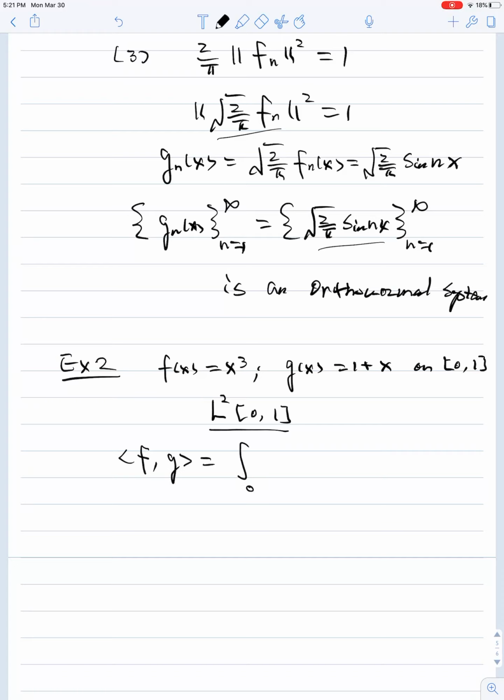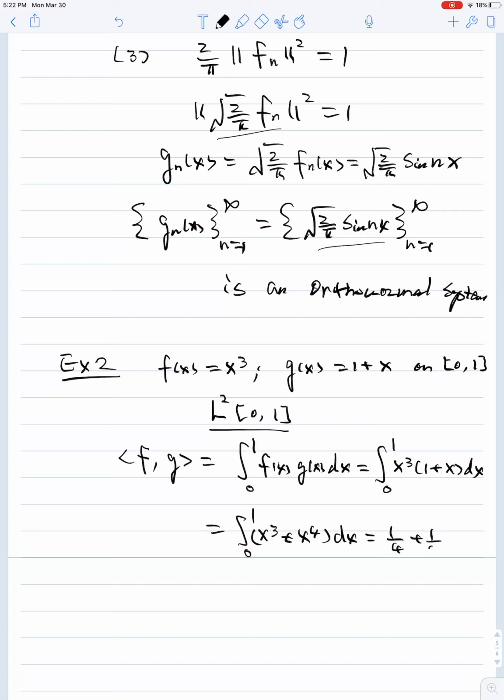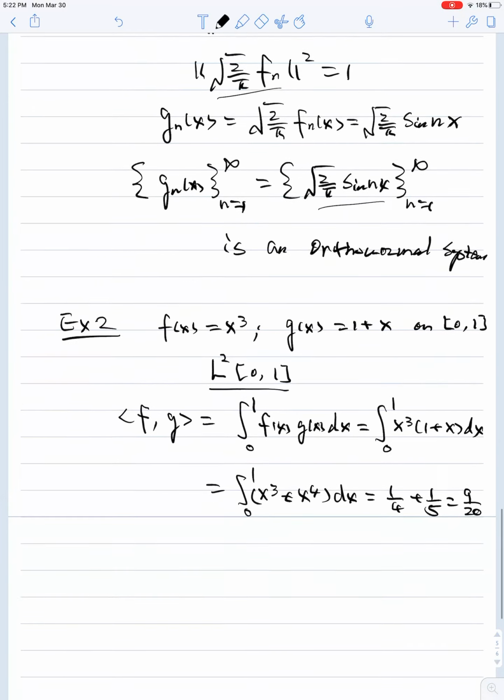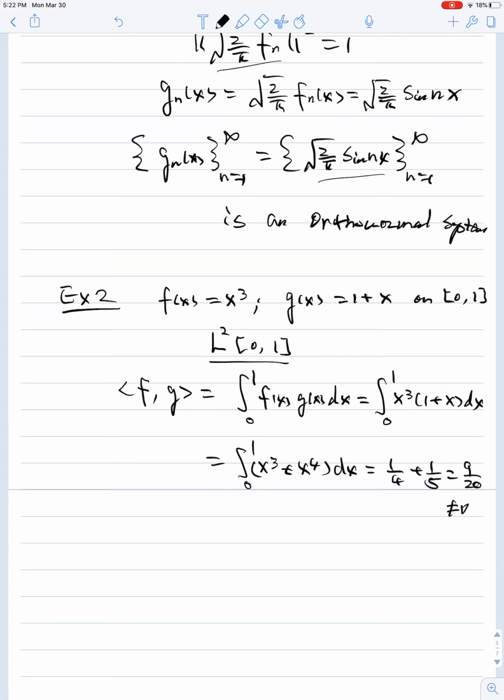It's just the integral from 0 to 1 of f(x) times g(x). This is the integral of x cubed times (1 plus x) dx, which is the integral of x cubed plus x to the 4th dx. So it's 1/4 plus 1/5, which is 9 over 20. This is not 0, so f and g are not orthogonal to each other.